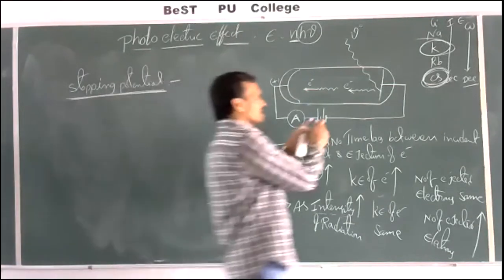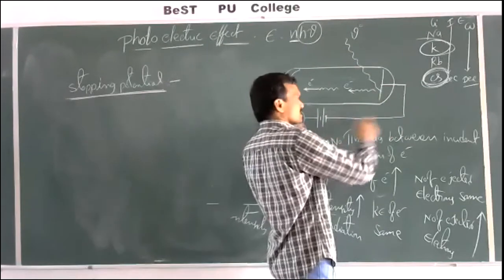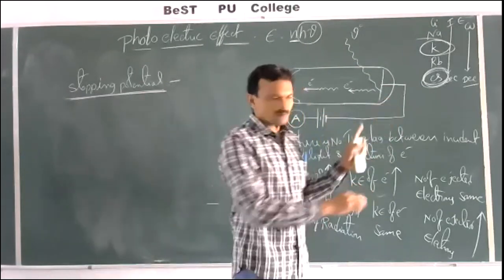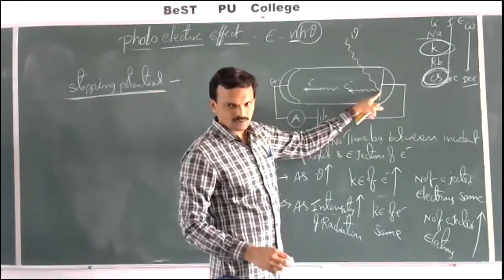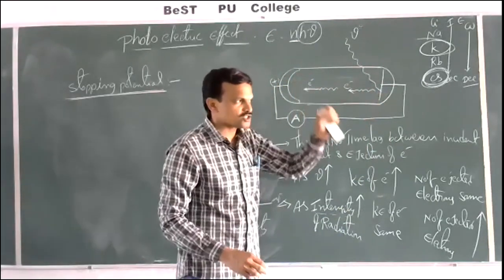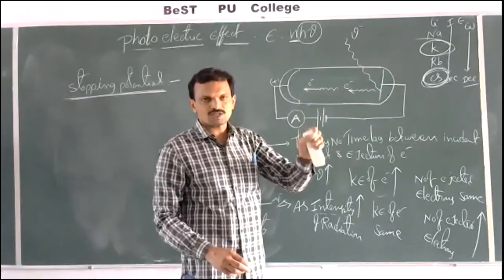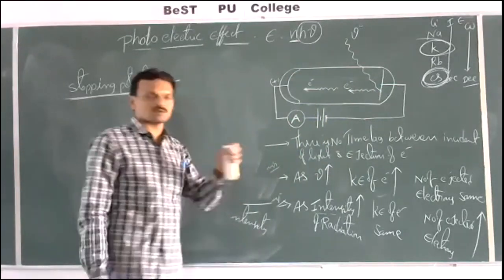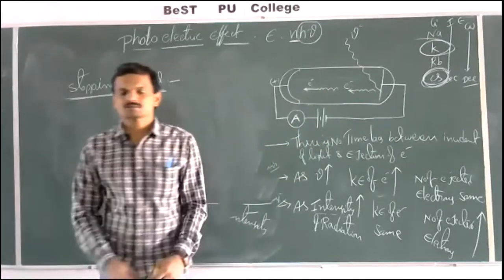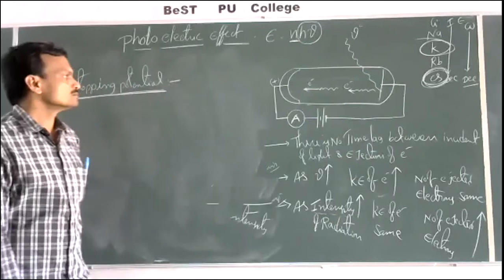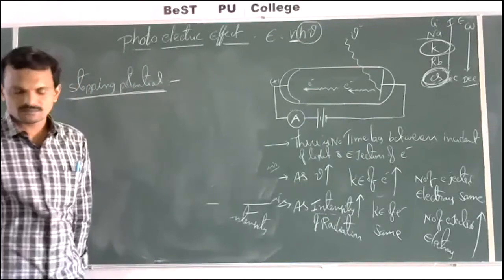By applying some electric potential here, a potential difference, we can stop the ejection of electrons. And that minimum potential that is required to stop the ejection of electrons from the metal surface is called stopping potential.